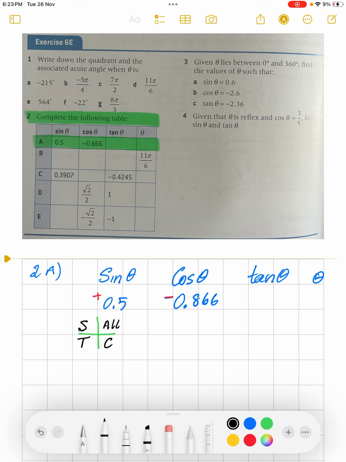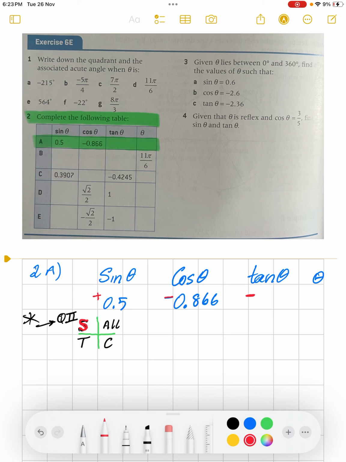Which quadrant are we in? Because only sine is positive in quadrant 2, we're dealing with a quadrant 2 angle. Therefore, tan, we already know, will be negative.